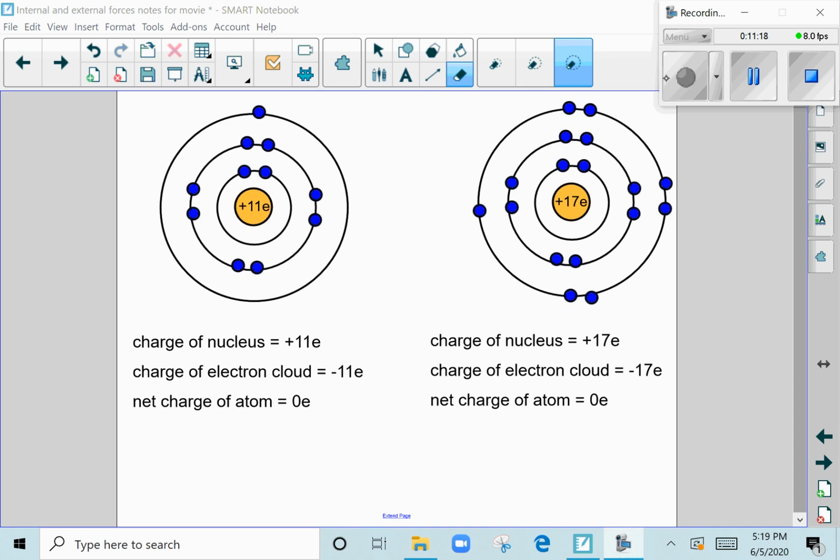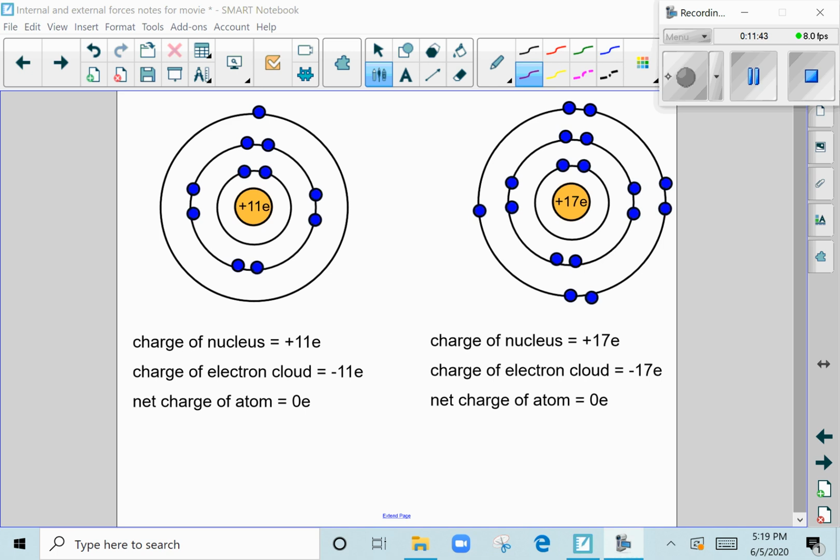To explain that, we're going to take a slightly different perspective than what you might have heard in chemistry class about atoms wanting to have complete energy levels or orbitals. We're going to look at this from a concept of internal and external forces. The nucleus is trying to pull all the electrons in towards itself.